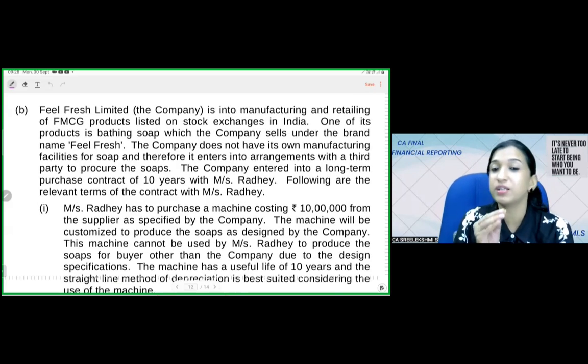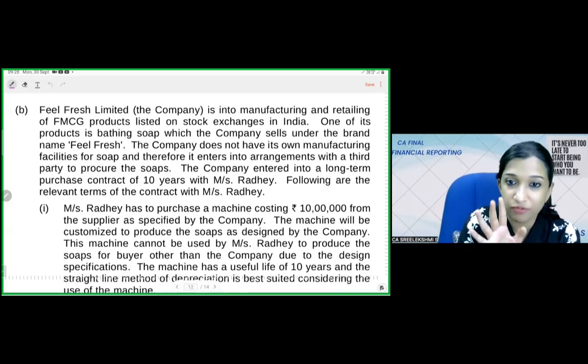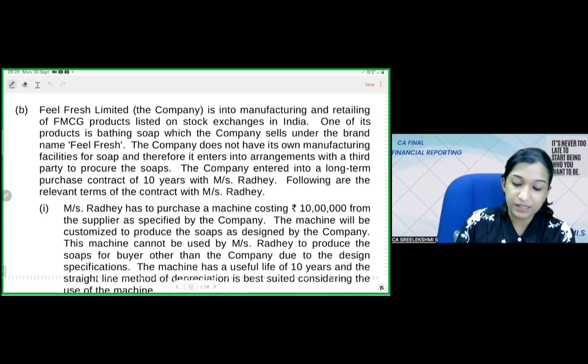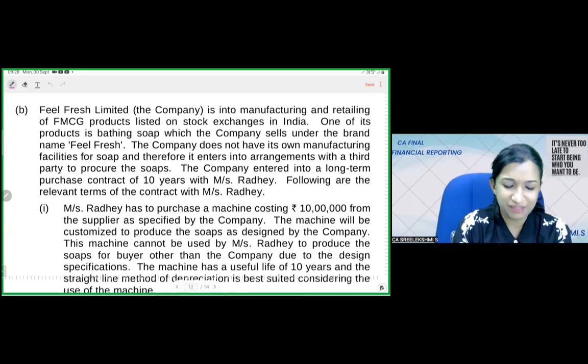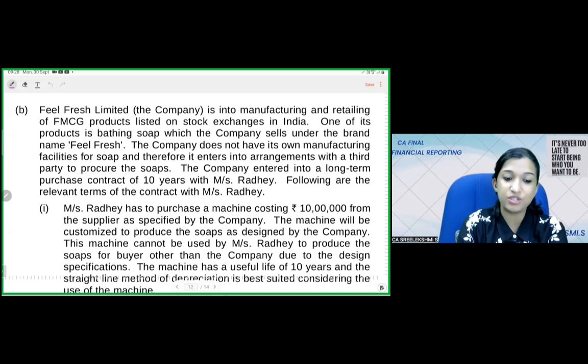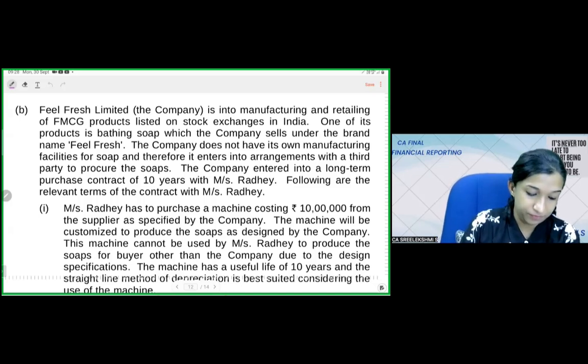Listen, the most important thing is presence of mind while reading the question. Feel Fresh Limited, the company, is into manufacturing and retailing of FMCG products listed on stock exchanges in India.